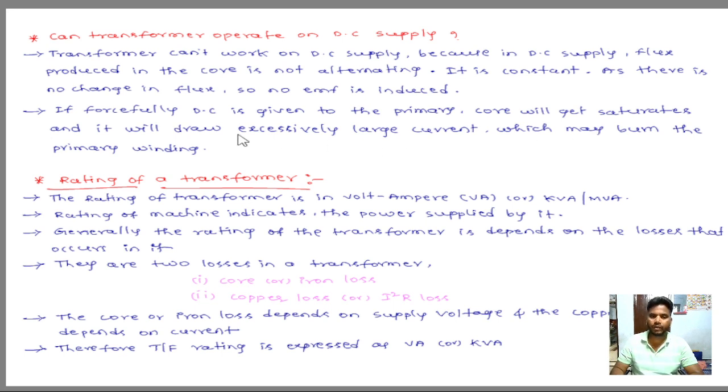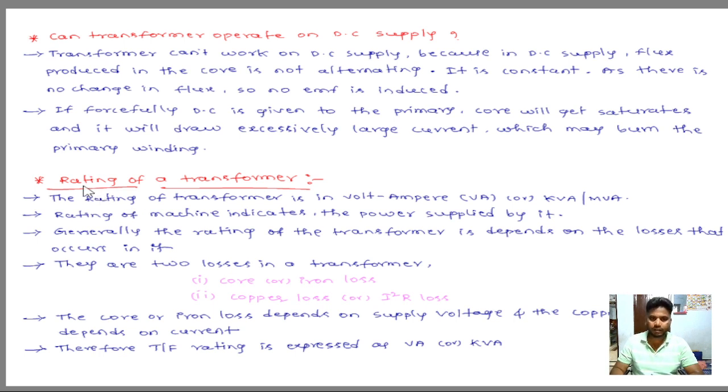Because of this, it will draw an excessively large amount of current, which may damage the winding of the transformer or burn the primary winding. That's why a transformer is never operated on DC supply. Is this clear? Next topic.